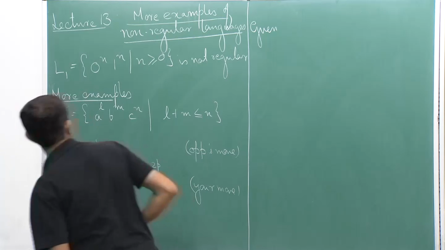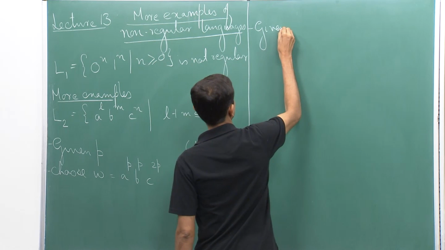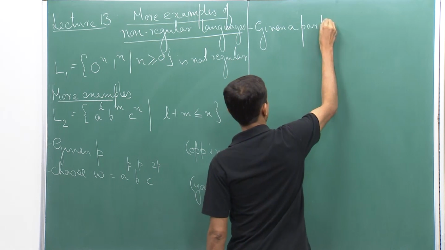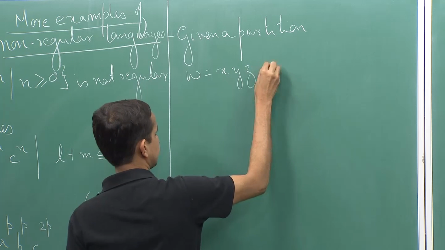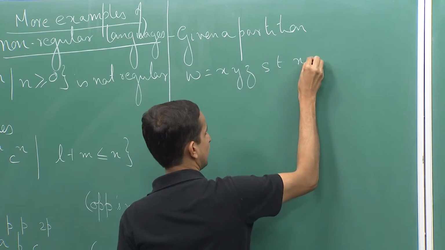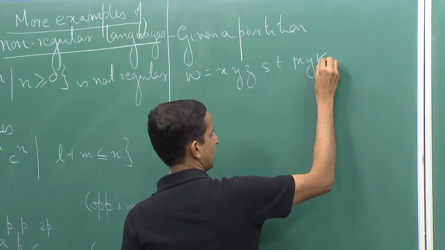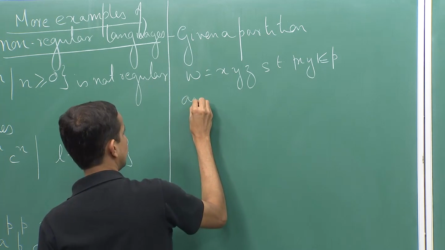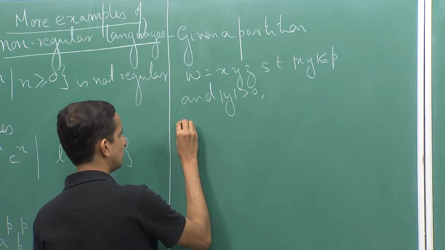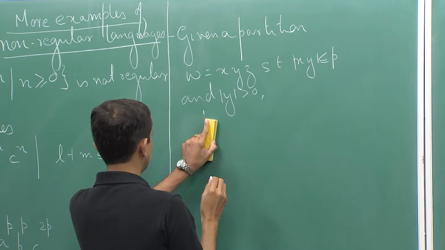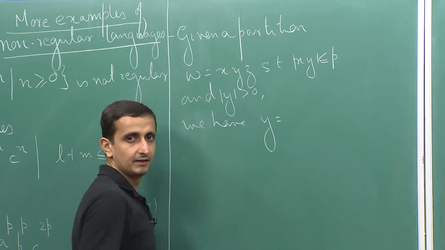So, given a partition w equal to xyz such that xy has length at most p and y has length greater than 0, we have in particular that the string y consists only of a's.